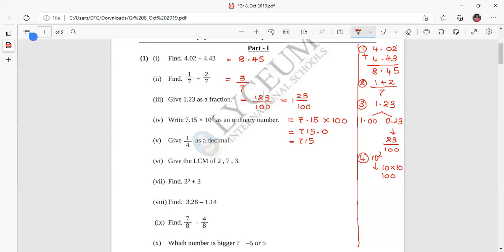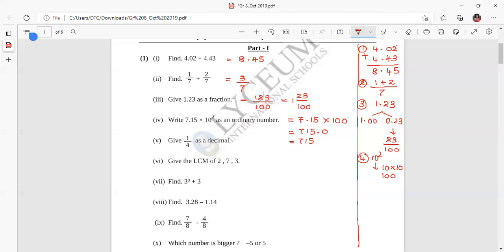Now it is in another place. What happened? You know that when we are multiplying by 10, 100 and 1000, the digit values change places, right? They are moving from one place to another place when we are multiplying by 10, 100 and 1000. We have learned all these things when you were in grade 6. So then it is 715.